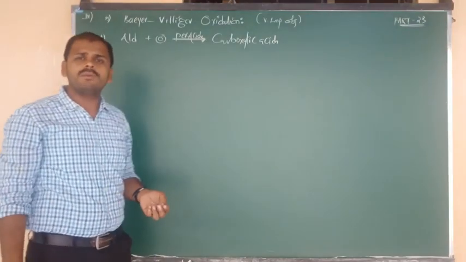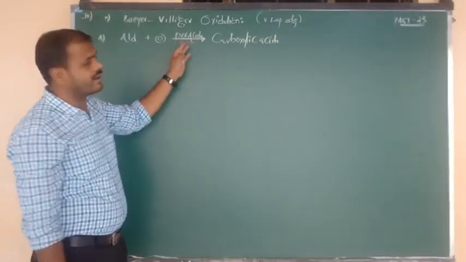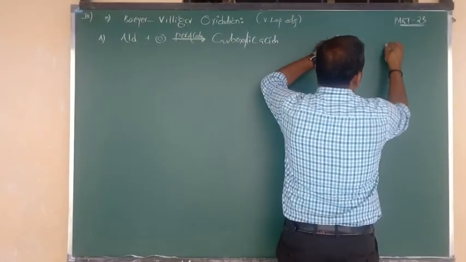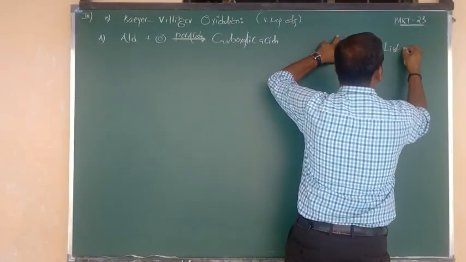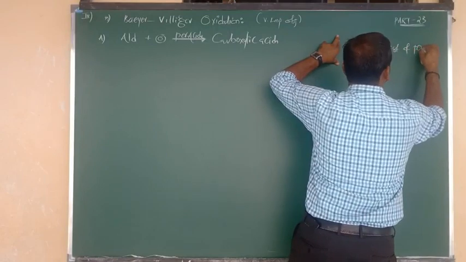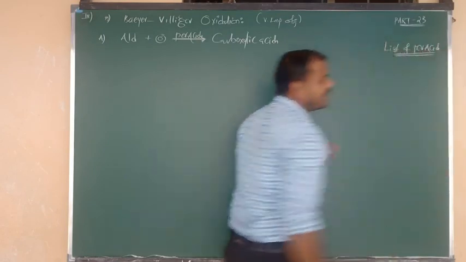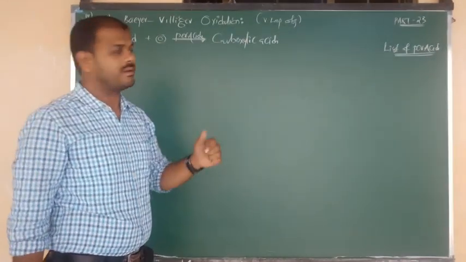Listen carefully. Before giving the example, first we will discuss the information about peracids. So, commonly used peracids in the Baeyer-Villiger oxidation reaction.